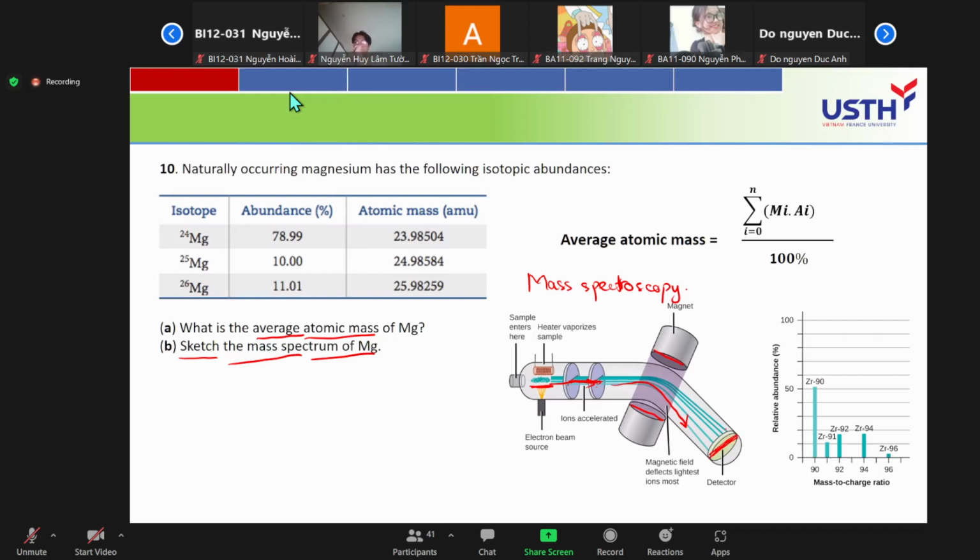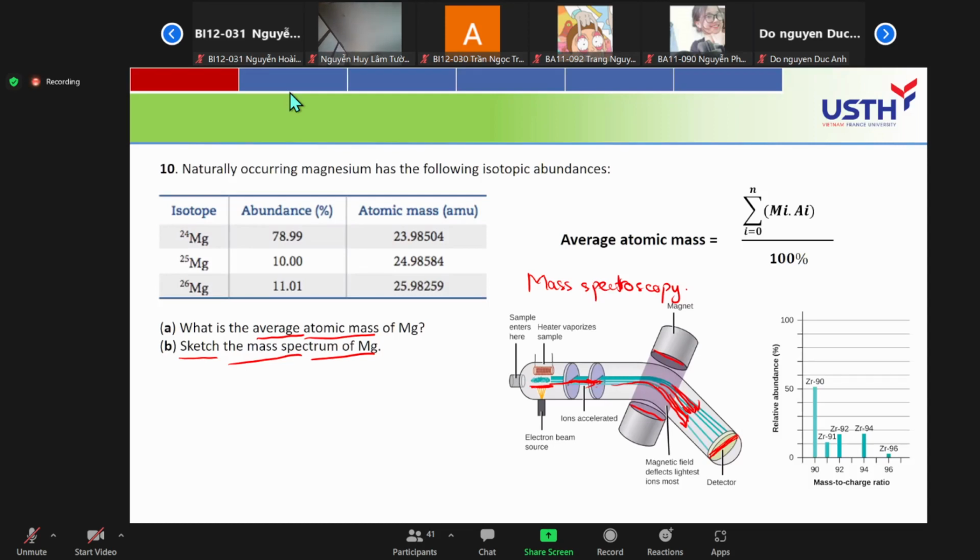By defining the time of movement from this position to the detector, or the different bending of different particles from the sample, you can define the mass of each particle. So that is the main idea of mass spectroscopy.